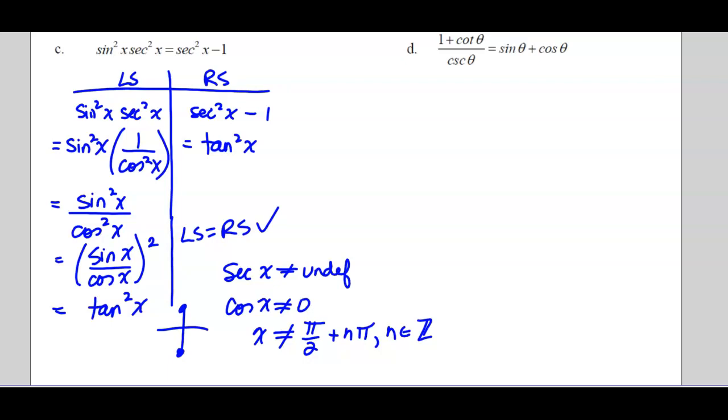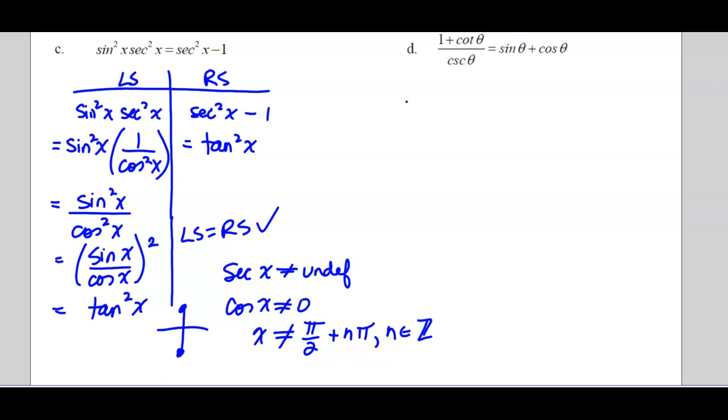Okay, so D, left side is a fraction, right side is 2 terms. If we have 2 terms, we want to make it 1 term, if possible, but those are sine and cos. There's nothing we can do with that, right? If there's a sine squared plus cos squared, yeah, sure. Or if one of them was tan or cotan, where you could reduce it down, maybe you could.